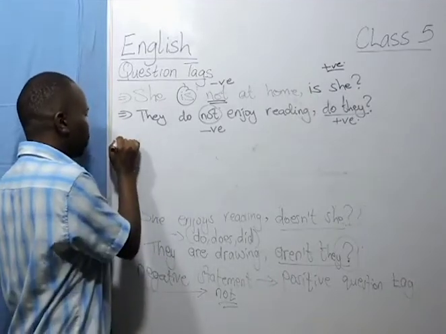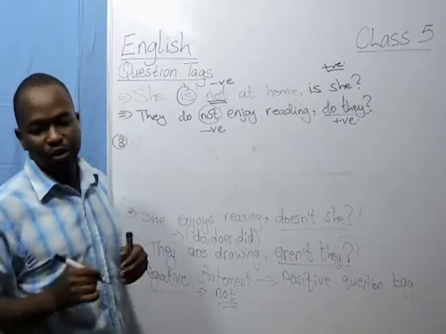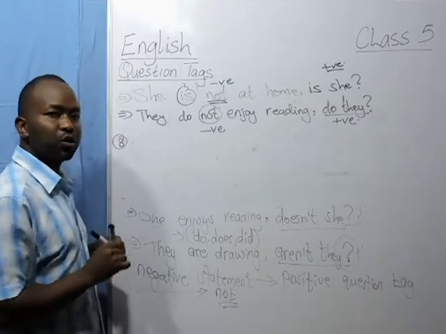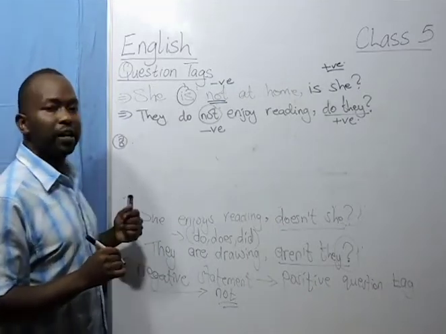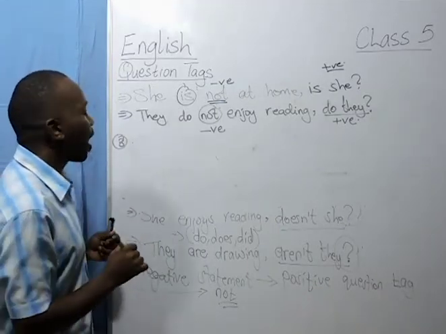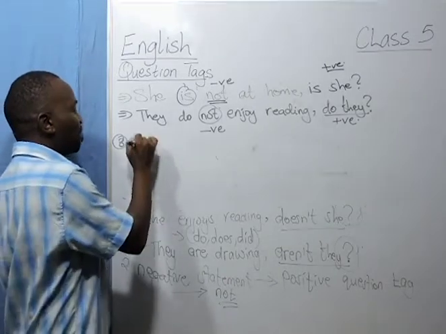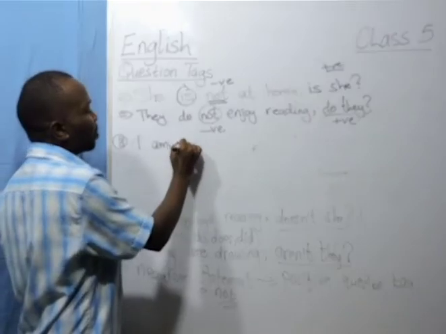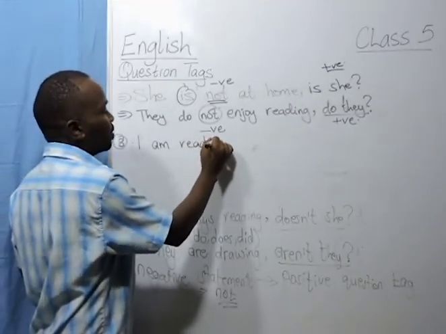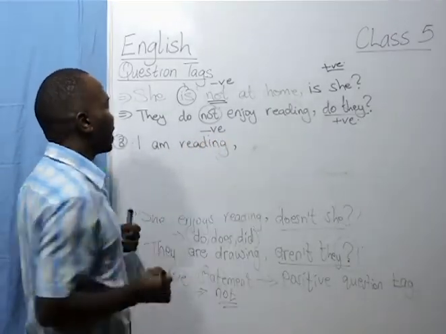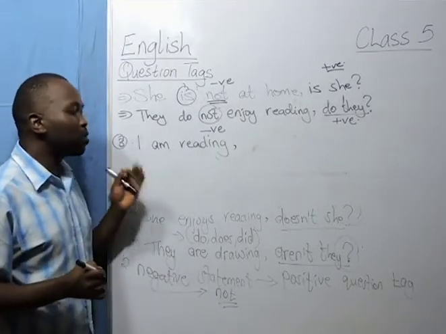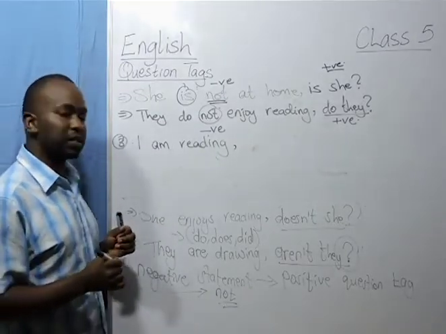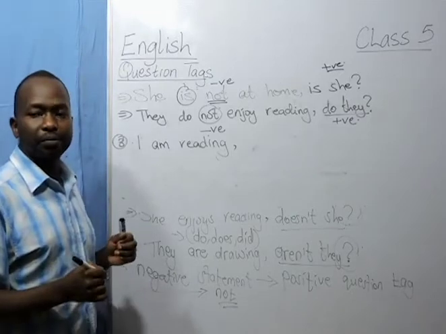Now we have another rule on the same question tags. Now this one is the use of I am. When you have the statement, I am reading. Now, what will be the question tag for that statement?